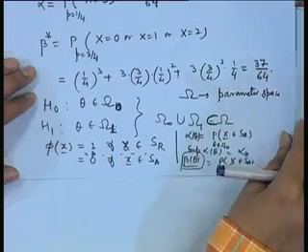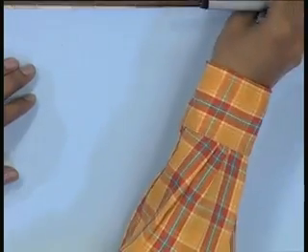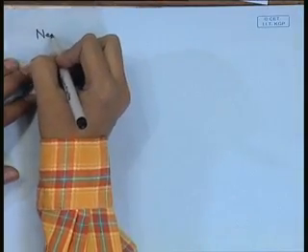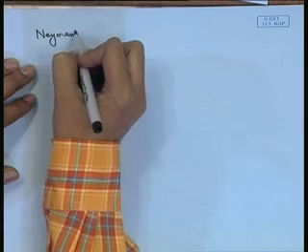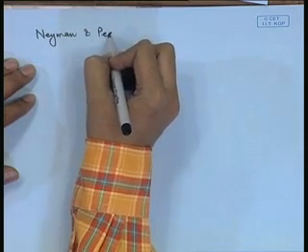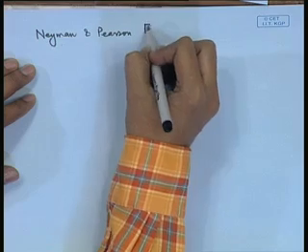So, this optimization problem has been dealt with, and the basic result in this regard is by Neyman and Pearson, and the result is popularly known as Neyman and Pearson fundamental lemma.